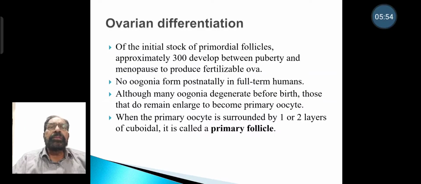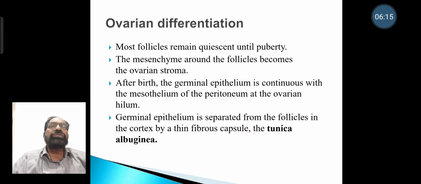No oogonia form postnatally in full-term humans. Although many oogonia degenerate before birth, those that remain enlarge to become the primary oocyte. When the primary oocyte is surrounded by 1 to 2 layers of cuboidal cells, it is called the primary follicle. Most follicles remain quiet until puberty.